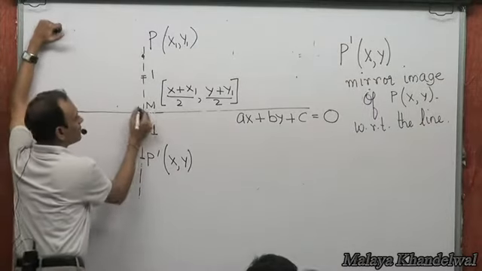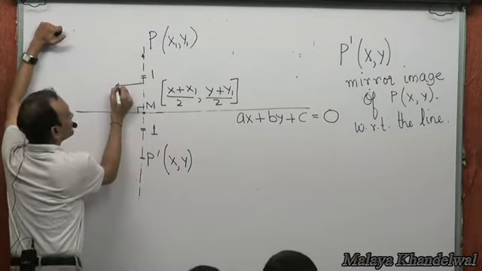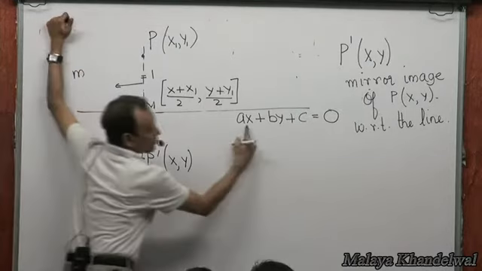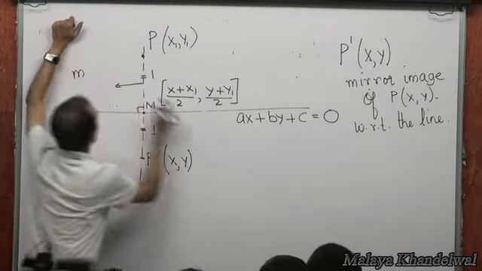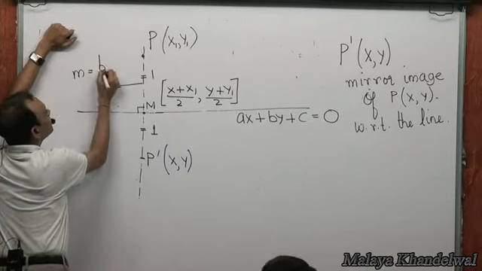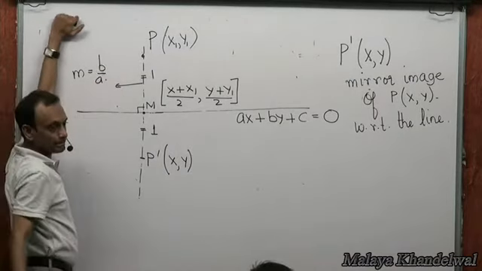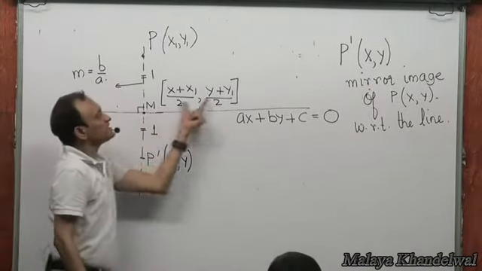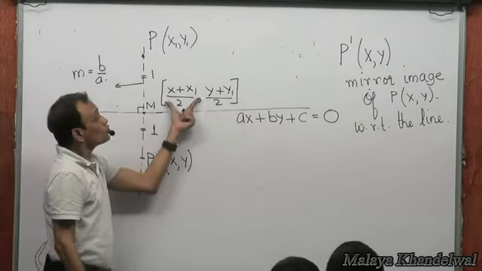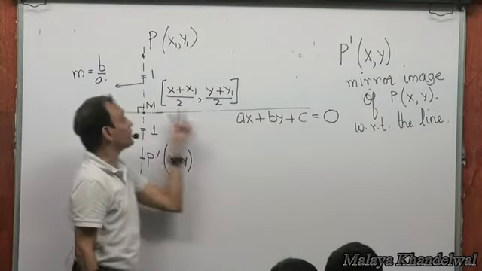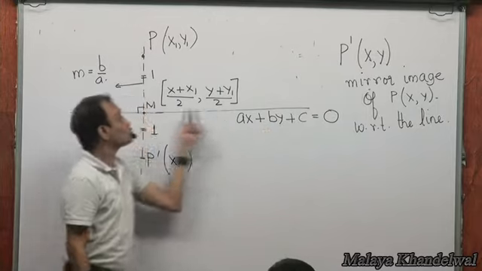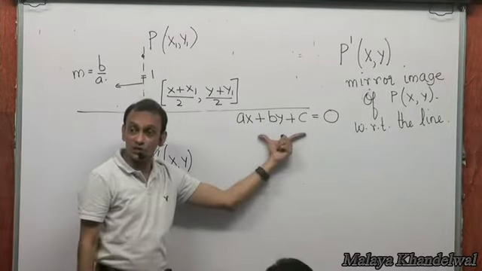Now, again, like before, this line is perpendicular, and the slope of this line is minus a by b, so the slope of this is going to be b by a. Now, M has these as its coordinates. So these coordinates must satisfy this equation because M lies on this line.